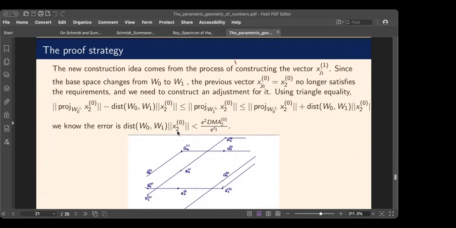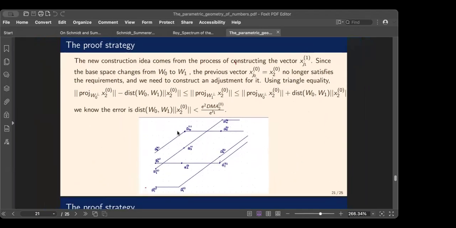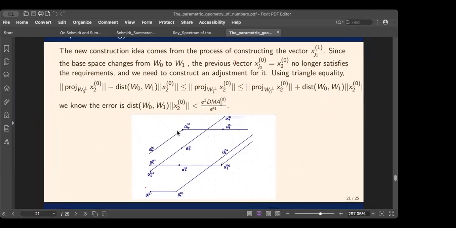For the concrete construction, in Roa's proof, in each step he changed the vector xli, and in our proof we need to change xli and xji.